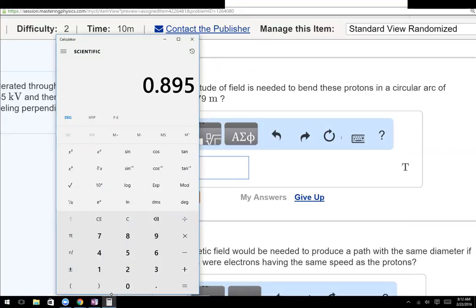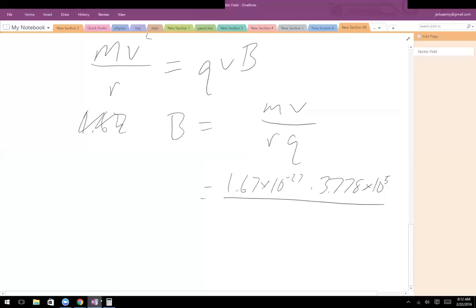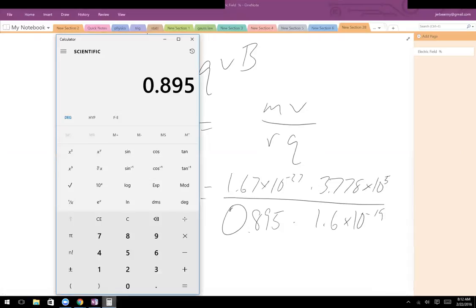Okay. It is too early in the morning. And then Q is 1.6 times 10 to the minus 19. All right. So that is in the denominator, so 1 over x, and times 1.67 times 3.778 divided by 1.6.